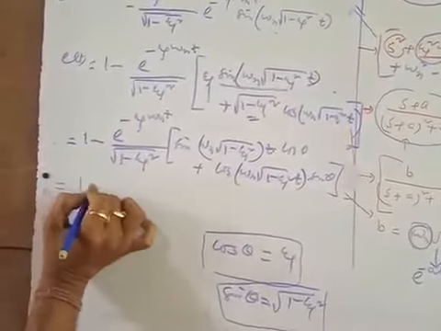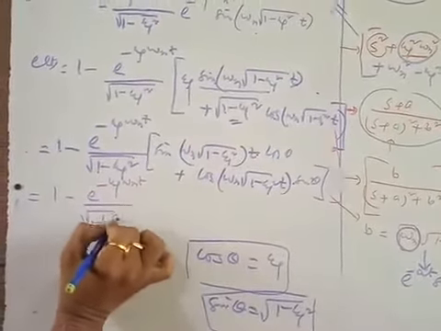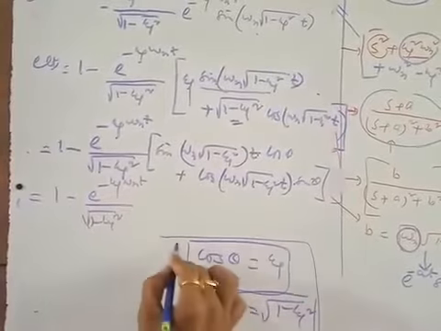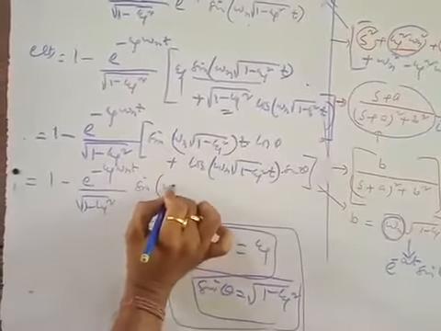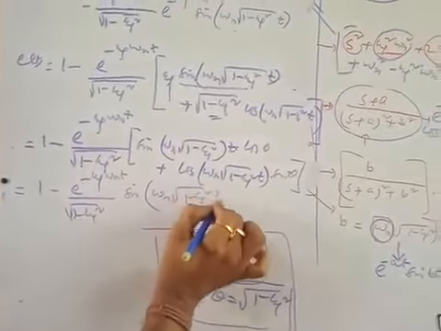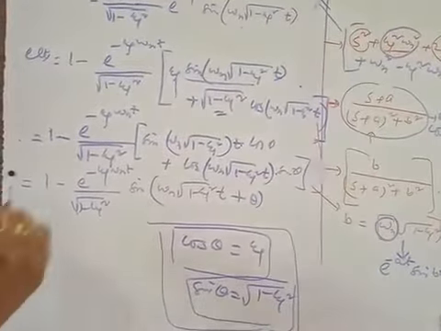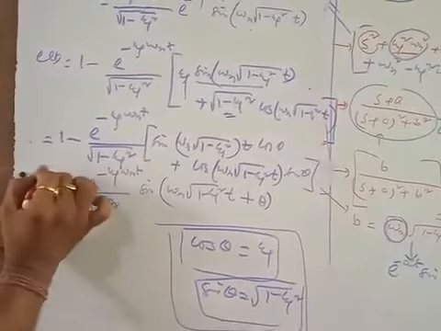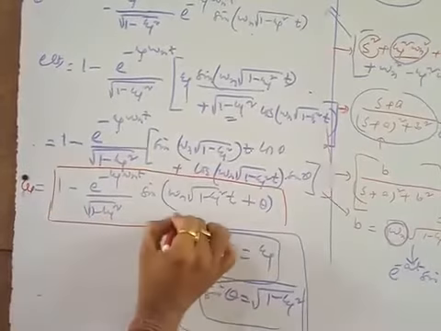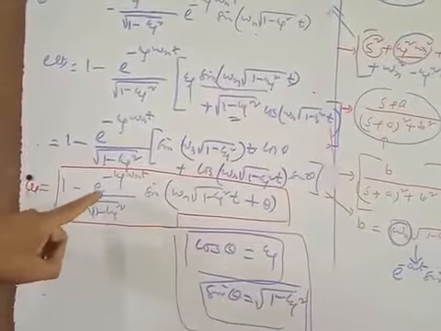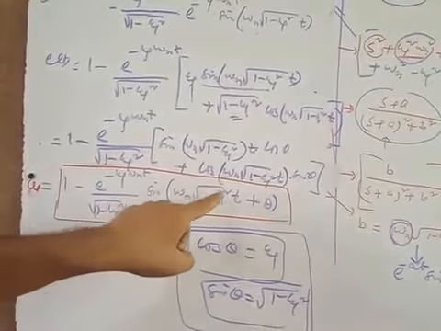This will be e to the power minus xi omega n t by root over 1 minus xi square, sin of A plus B, that is omega n root over 1 minus xi square t plus theta, right? So you get C(t) equal to 1 minus e to the power minus xi omega n t by root over 1 minus xi square, sin of omega n root over 1 minus xi square t plus theta.